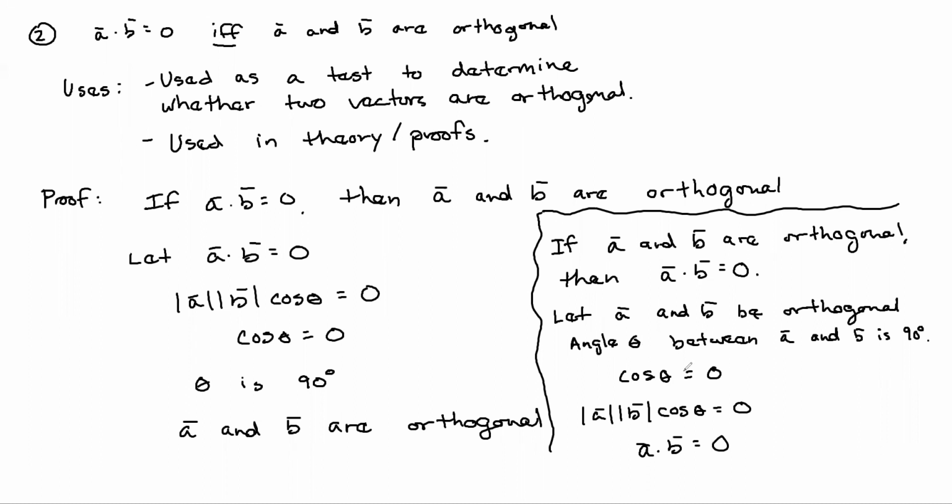And the reason I wanted to keep these on the same page is that if you think about the direction of the proof, starting here and working your way down, this proof does exactly the opposite, right? So this arrow, if you wrote it, would look like this. That's not necessarily common, but it does happen.